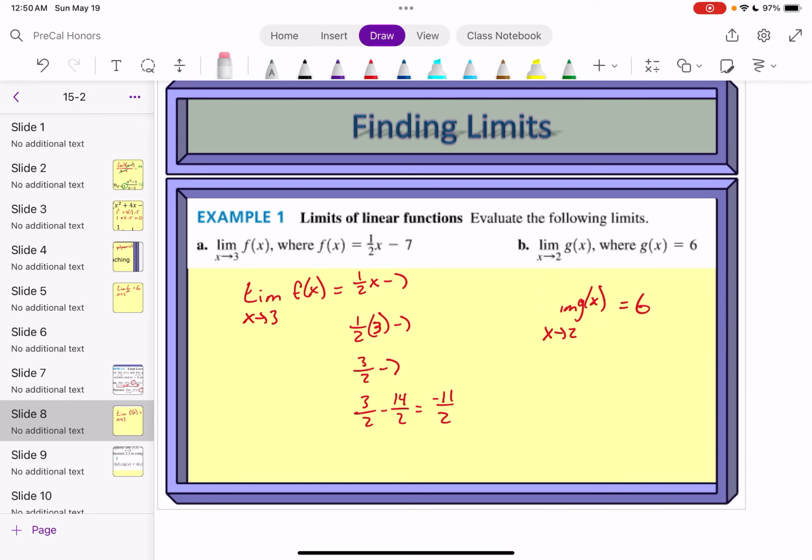Keep in mind, what ends up occurring here is the same rule that we were using before. And that is that any time that the g of x is being given to you, and they're telling you that it's going to be 6, that numerical value, whenever it's approaching 2, your final answer will be that 6, or that number, no matter what it is that is being given as far as the numerical side of it.